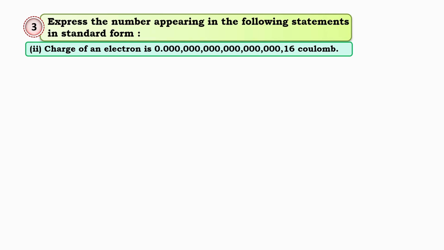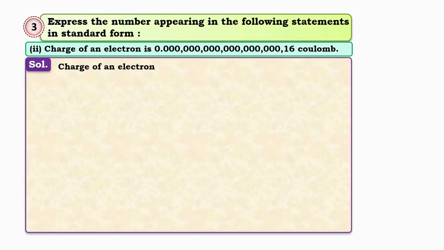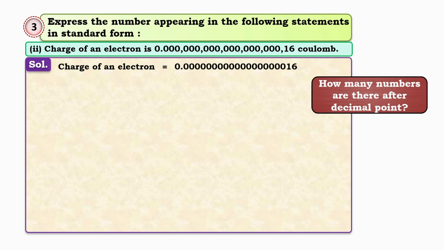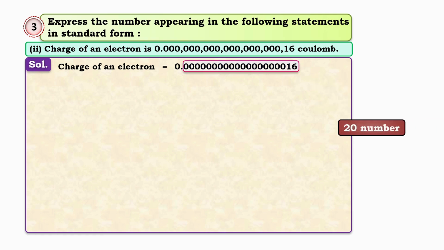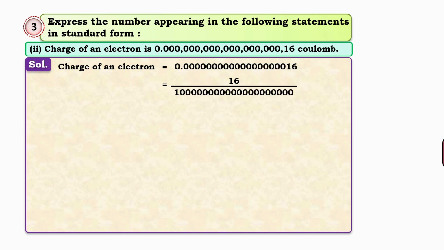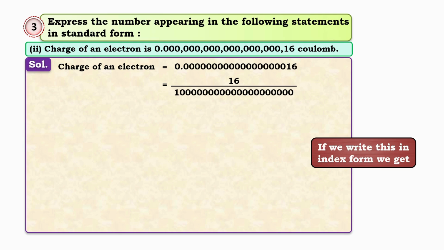Now another problem. Charge of an electron is this many coulomb. So let us solve this. We have to count the number of zeros carefully over here. If you count it, you will get 20 total numbers after the decimal point. So 16 by 1, then 20 zeros.